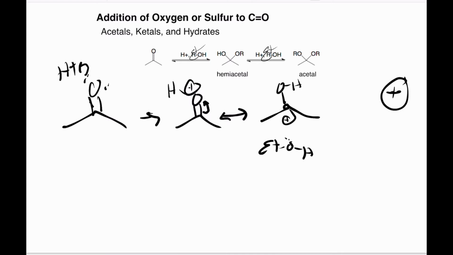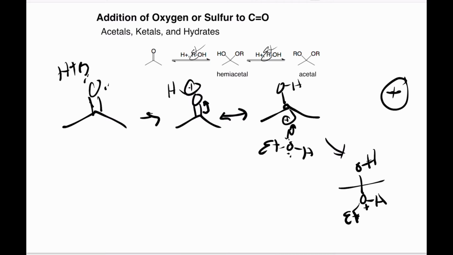So the electrons on the oxygen of the ethanol, best nucleophile after best electrophile, add in, and that gets me to here. This plus charge, that's the ethanol. So there's a plus charge on the oxygen, an oxonium ion.